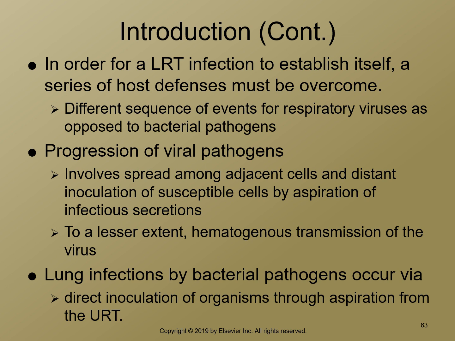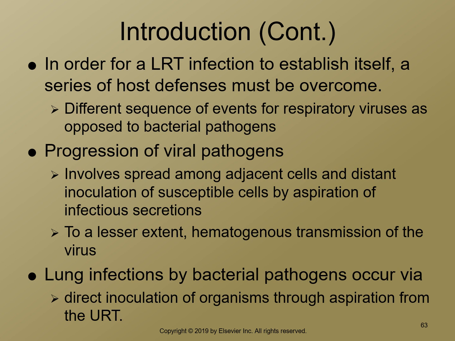In order for potential pathogens to establish infection in the lower respiratory tract, a series of host defenses need to be overcome. The sequence of events is different for respiratory viruses versus bacterial pathogens.